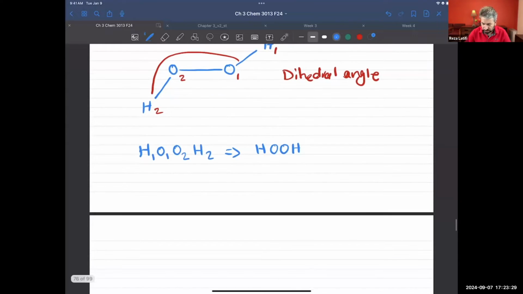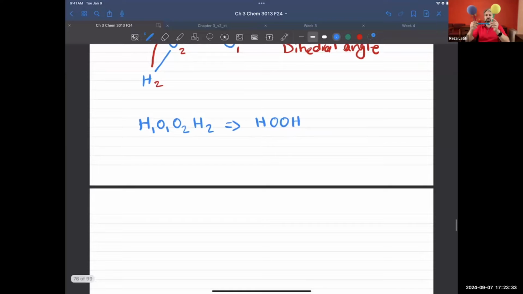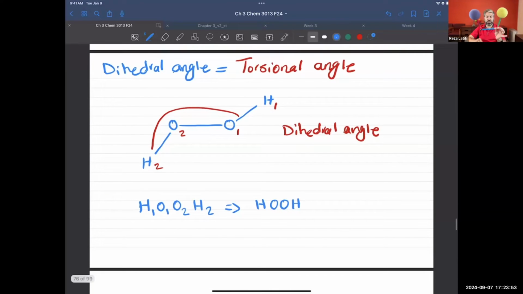Another example. For example, as you see, we have a yellow atom attached to, let's say, carbon, and there is another carbon here and one blue or purple atom there. If I keep it this way, as you see, there are three bonds, like this molecule.